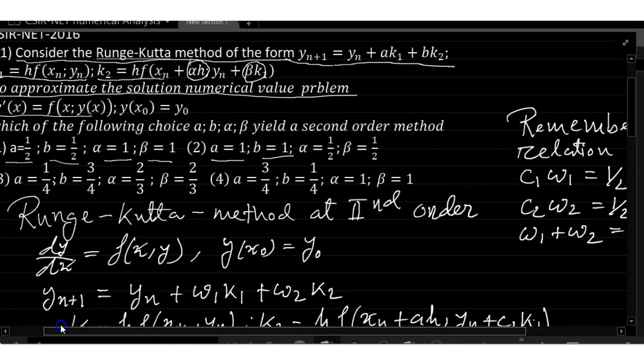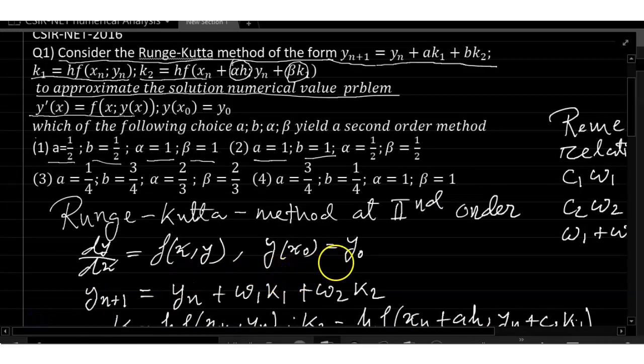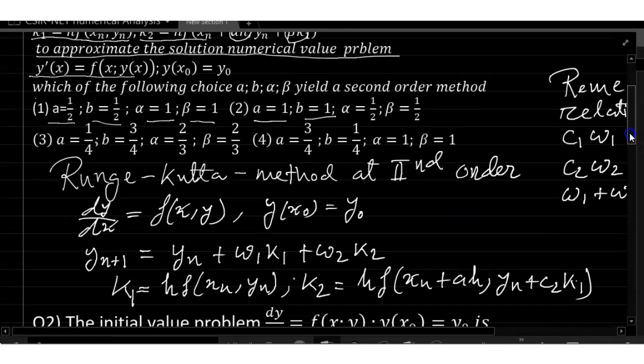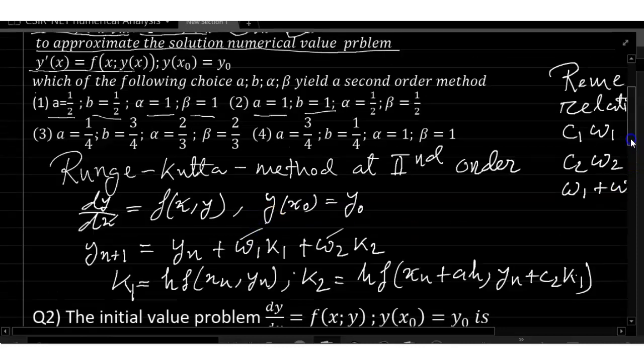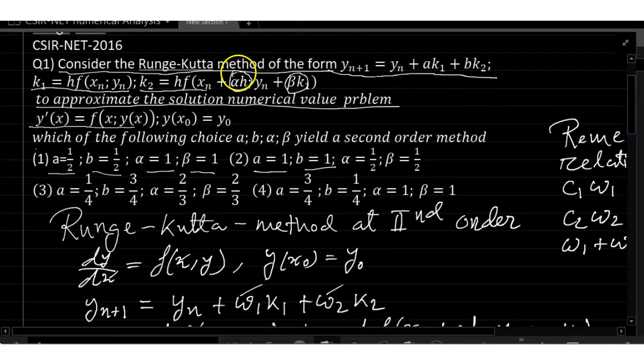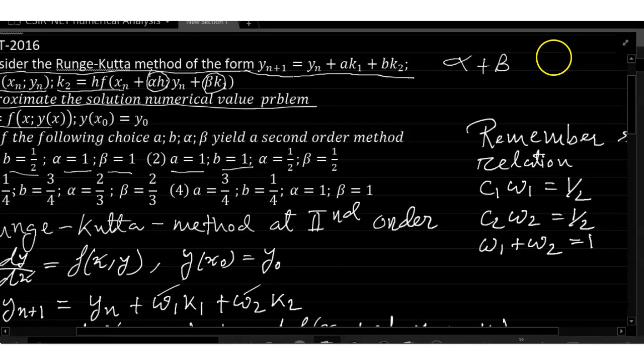You see, this is my theory. Here we have w1 and w2, and here a, alpha and beta. Friends, a plus b equals 1.